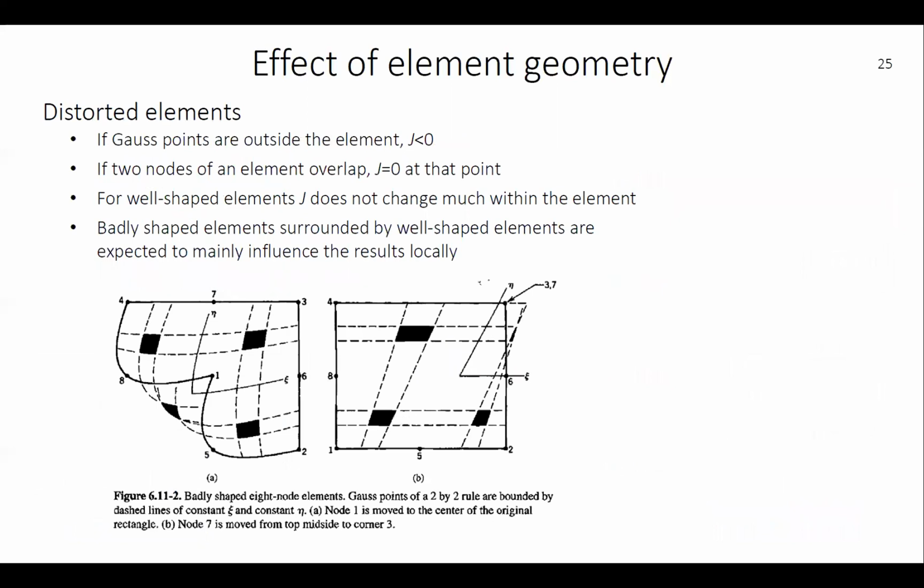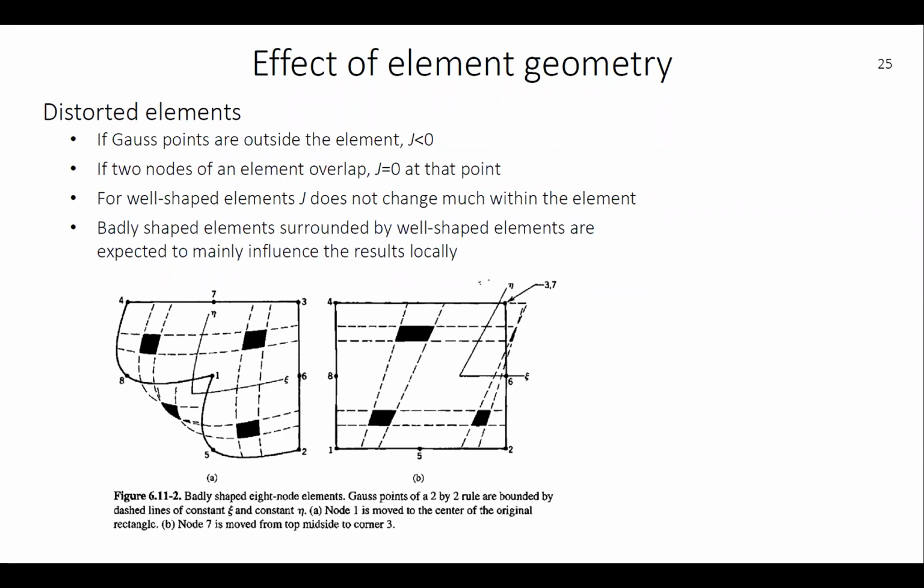What also may happen if you have distorted elements is that if it's too distorted, the Gauss points or the integration points may lie outside of the elements. Mathematically, this means that the Jacobian has a negative value, and you will have problems solving the system of equations.